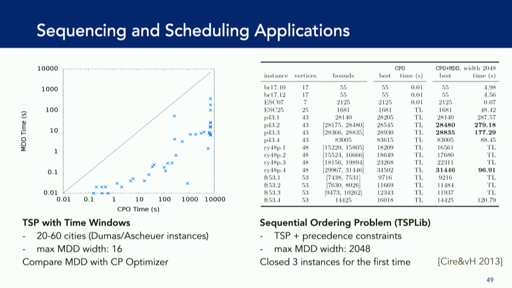And that is showing the power of MDD propagation in addition to domain propagation for constraint programming. And in fact, if you look at the traveling salesman problem with precedence constraints, it's known as the sequential ordering problem. There are open instances from the TSPLIB, and we closed at the time 3 open instances for the first time using this technology. So another example of the potential of this technology.